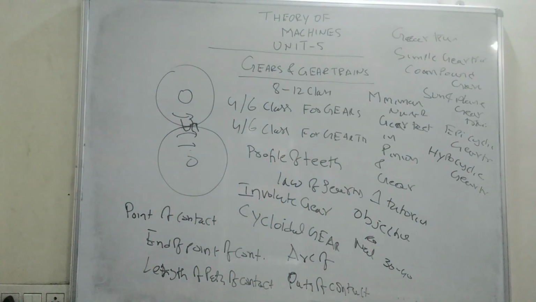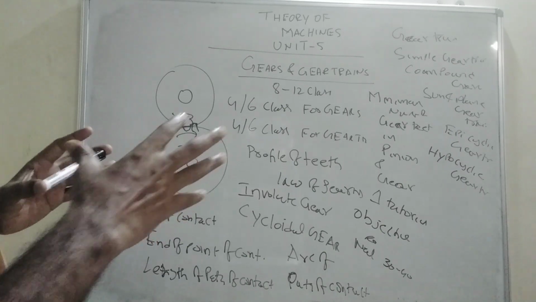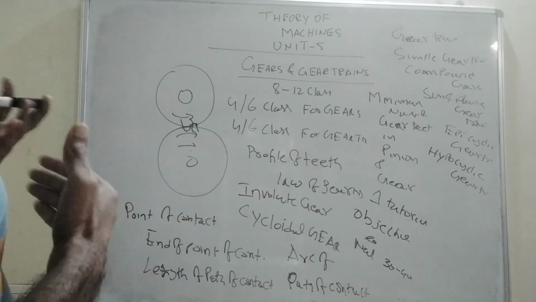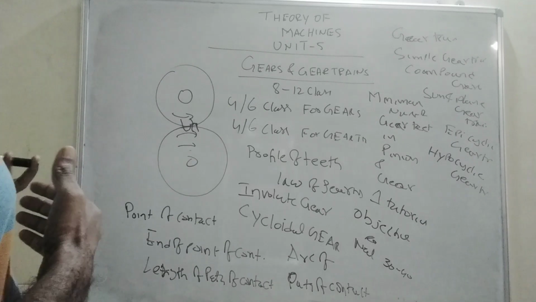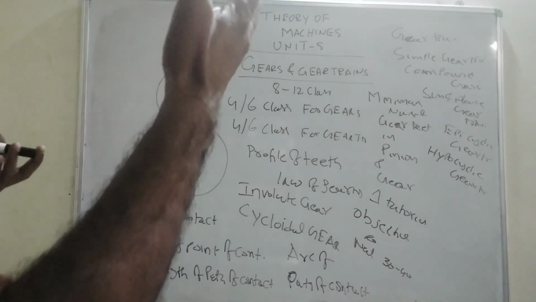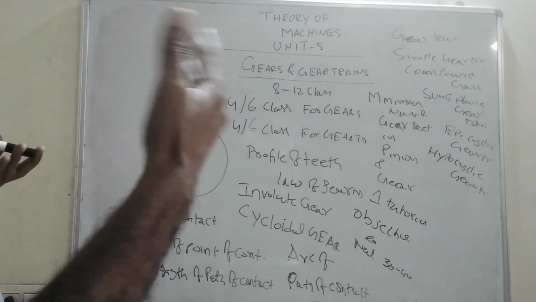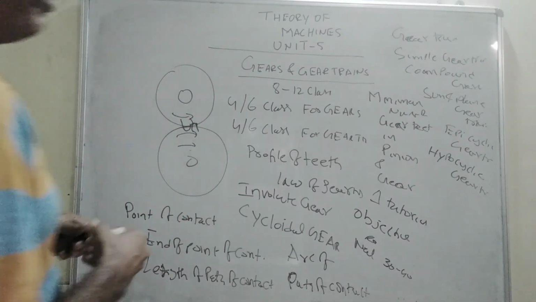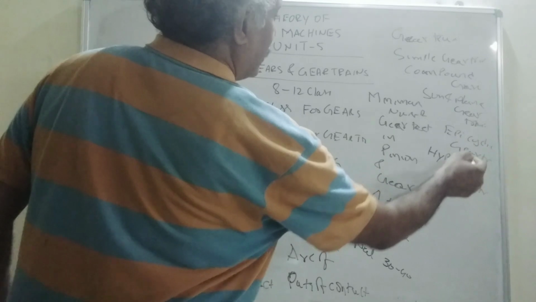A figure will be given to you where you will identify the number of gears, and for a given input angular velocity, you have to determine the output gear velocity. Here there are six types of gear trains.